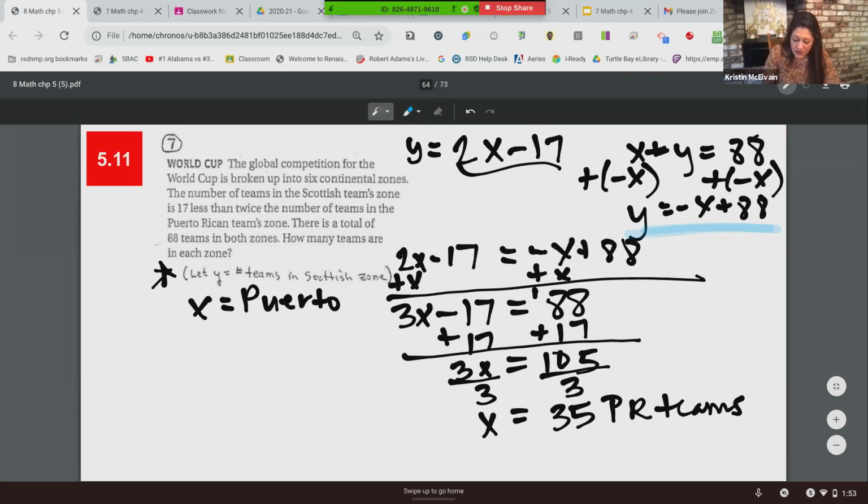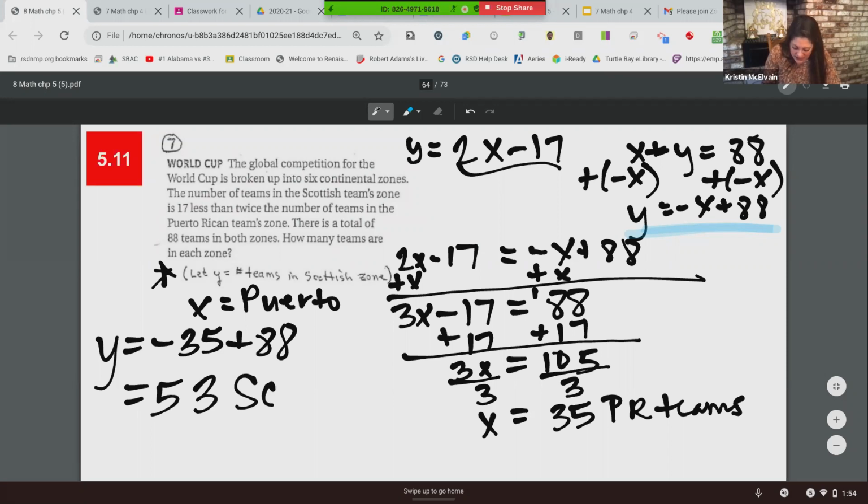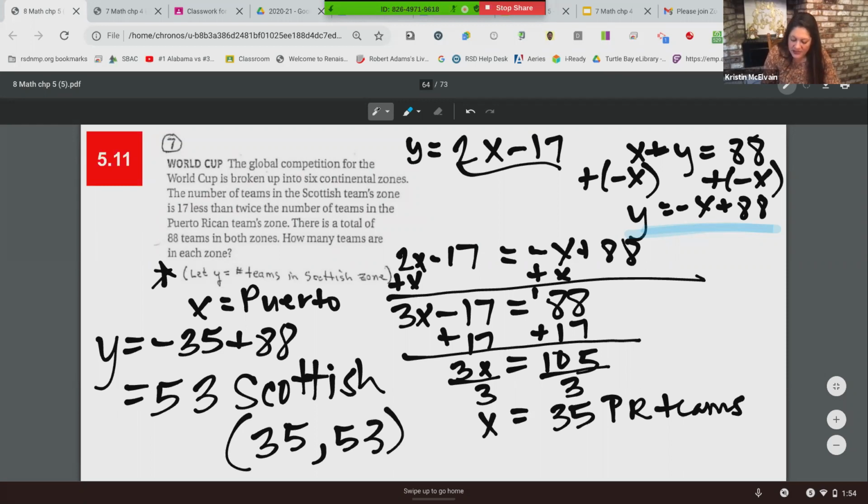So my Scottish teams is negative 35 plus 88. 8 minus 5 is 3. 8 minus 3 is 5. So 53 Scottish teams. That is going to be the solution then: 35, 53 is where those two lines intersect.